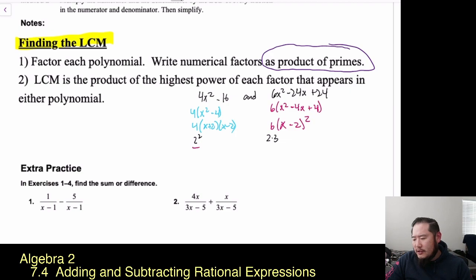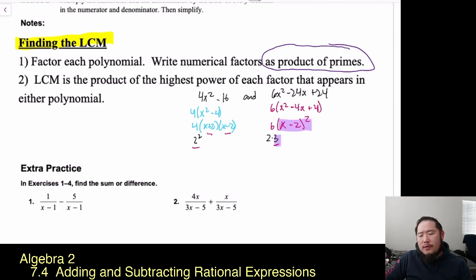We have ourselves this 3, and then the highest power of x minus 2 is not the one on the left side, but actually the one on the right, this x minus 2 quantity squared. So I'll go ahead and highlight the highest powers right there in purple.